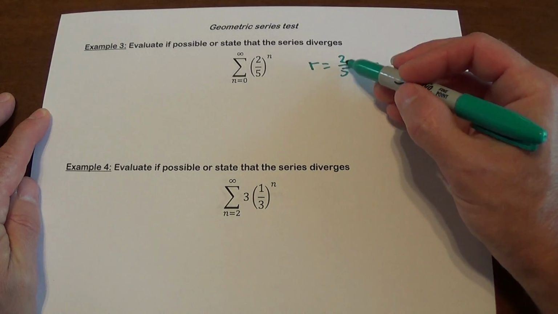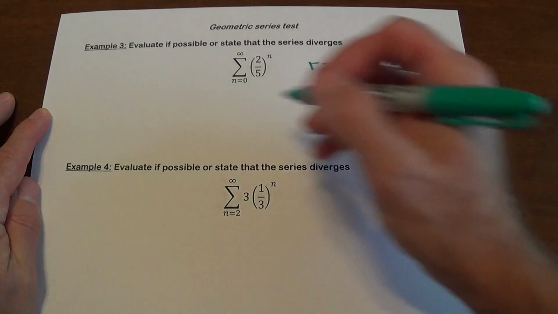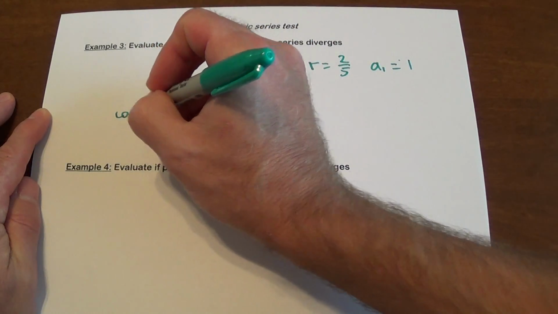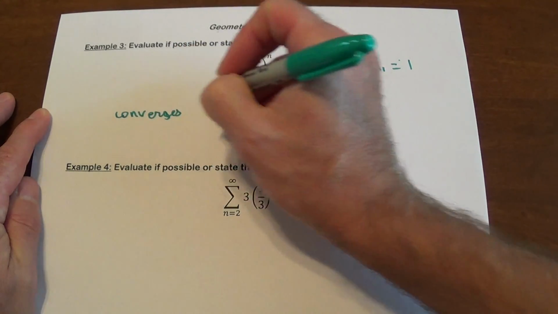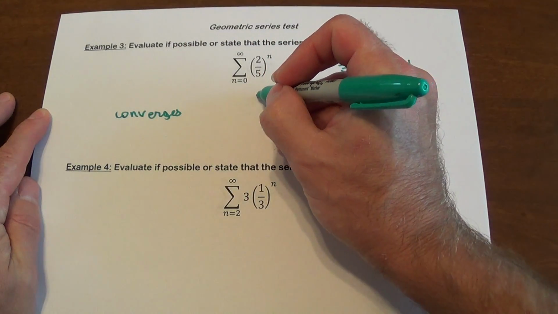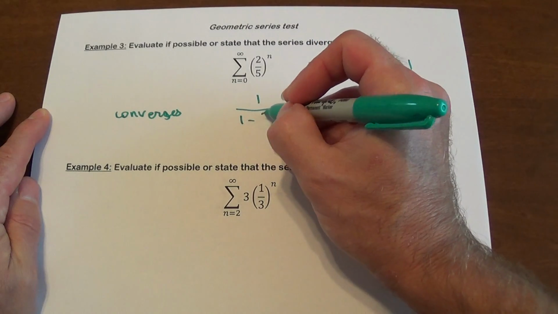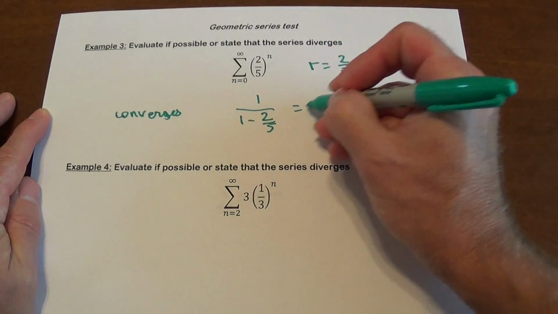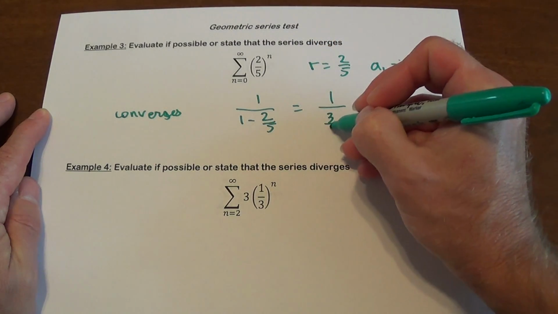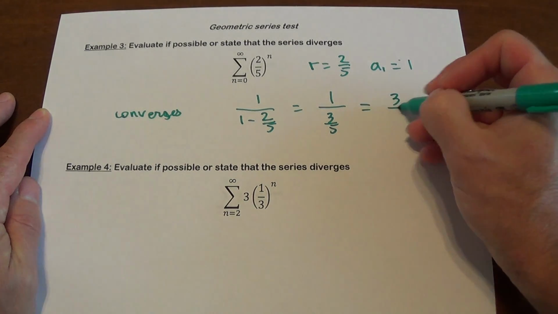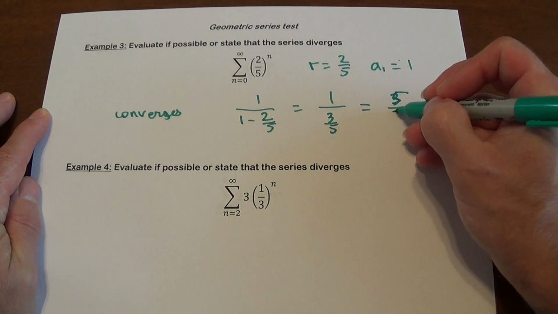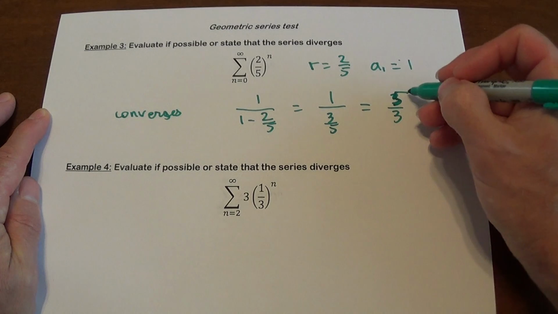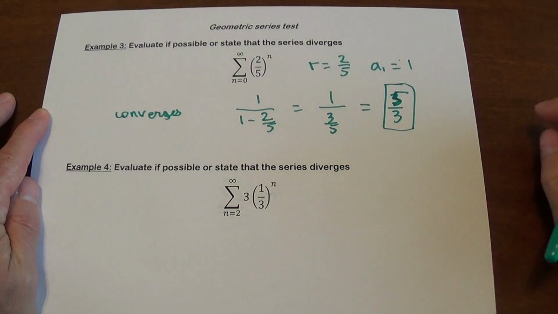Again, this is less than 1, so you are going to be able to find the sum. So it converges, and we get 1 divided by 1 minus 2/5, which is 1 divided by 3/5, which gives us 5/3.